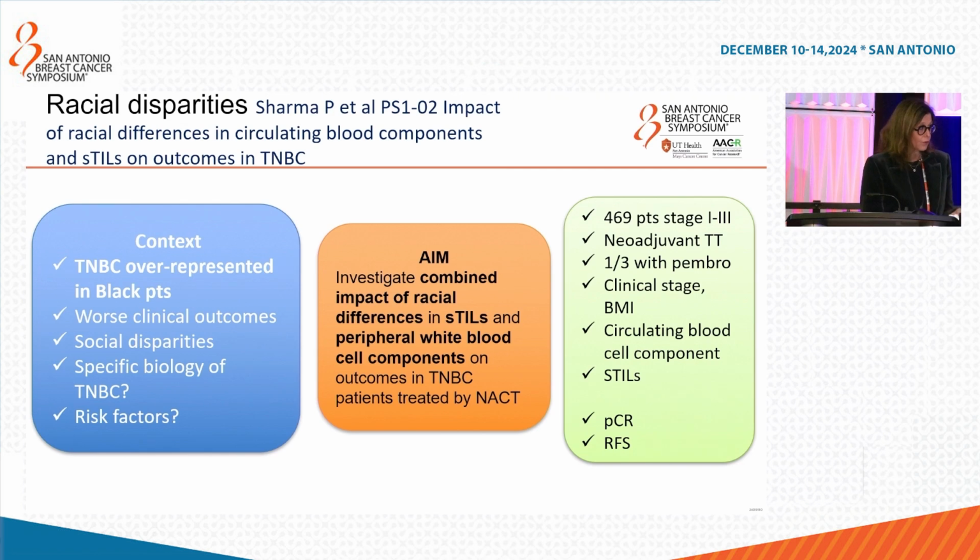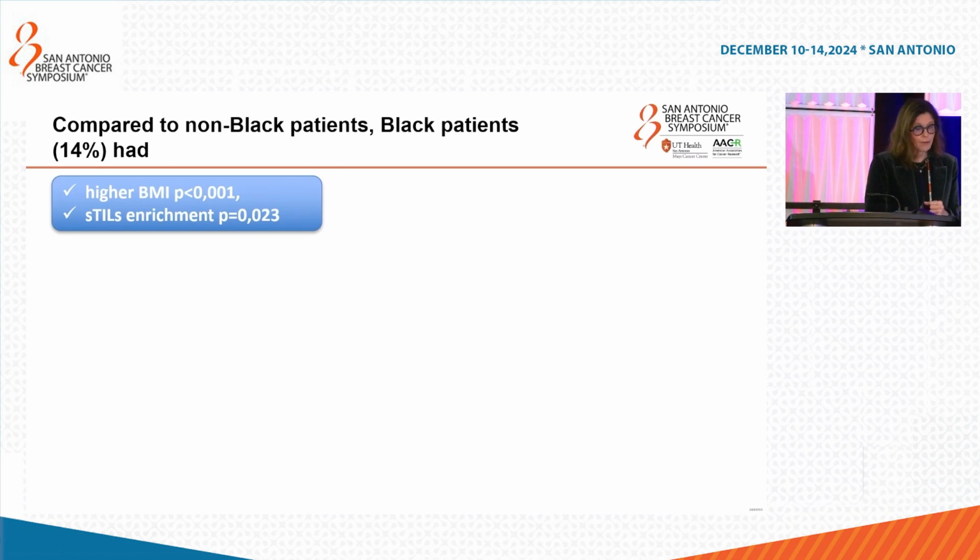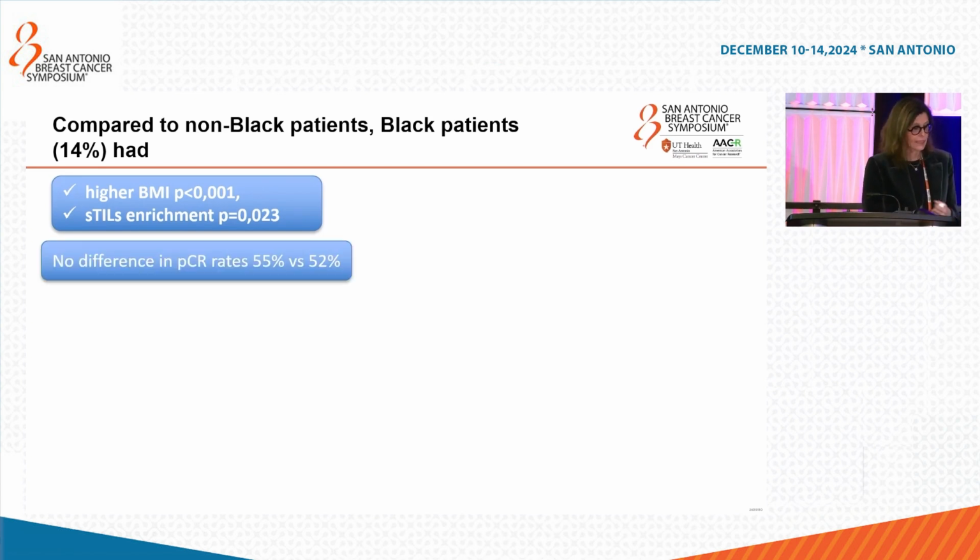One third was treated with Pembro, but the study was not designed to look at the effect of Pembro. They looked at several parameters, including body mass index, the circulating blood cell components, S-TILs, and they looked at PCR and RFS. Compared to non-Black patients, the 14% Black patients in this series had higher BMI and S-TILs enrichment, and this was statistically significant.